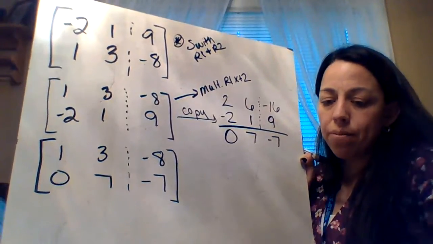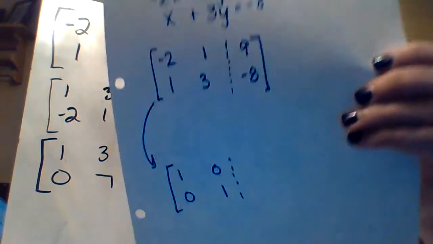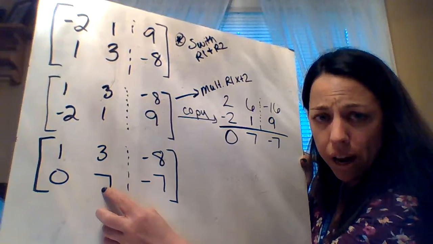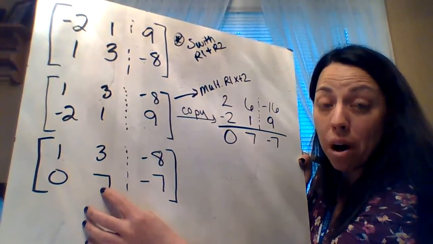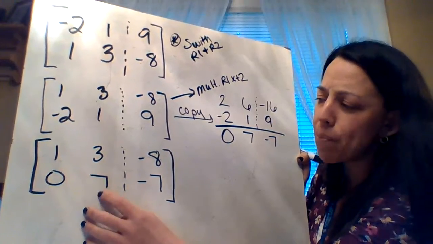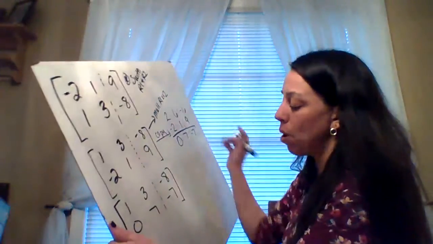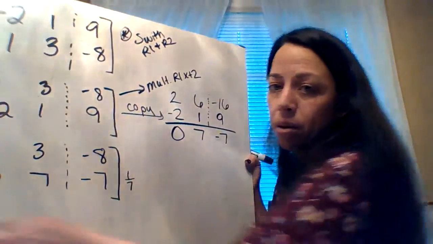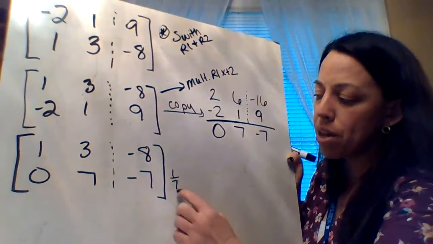All right. Please remember, my final goal is to get 1, 0, and then this is going to try to be a 1. Oh, guys, don't forget, if I want, I can multiply a whole row by something. What happens if I multiply this row by 1/7? All right, hopefully you're following along with me. What's 0 times 1/7?